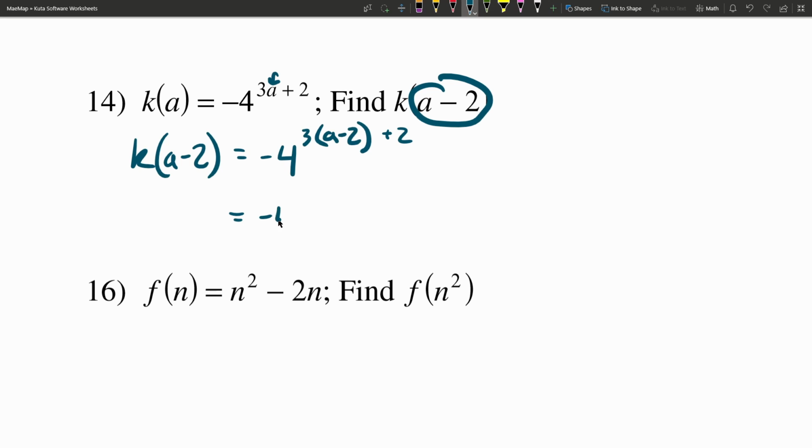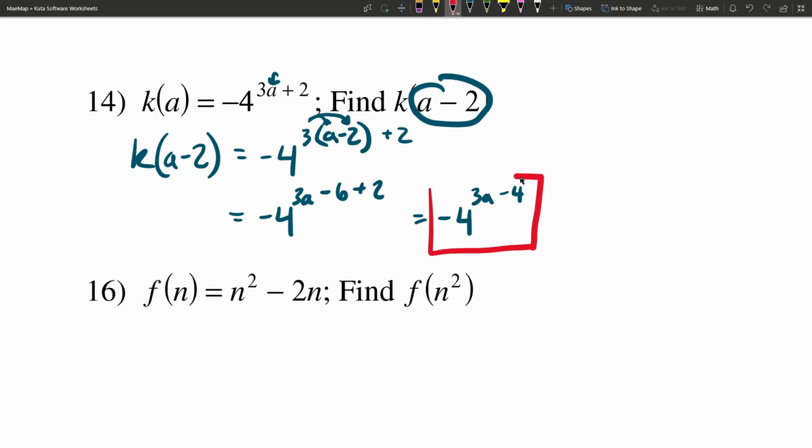This is equal to negative 4 to the 3 times a is 3a minus 3 times 2 is 6 plus 2. Distributing that 3 to the a and the minus 2. Simplifying down further, we have negative 4 to the 3a, negative 6 plus 2 is the negative 4. So negative 4 to the 3a minus 4. That's our solution for number 14, since we can't simplify down any further.